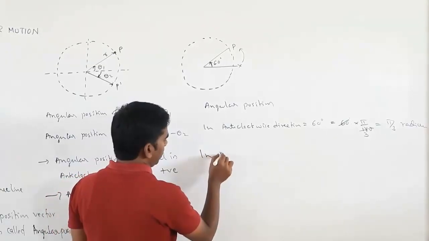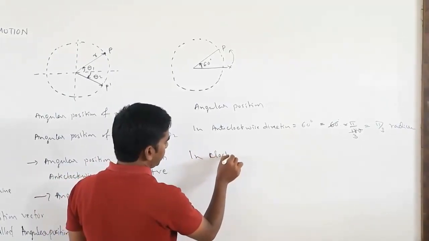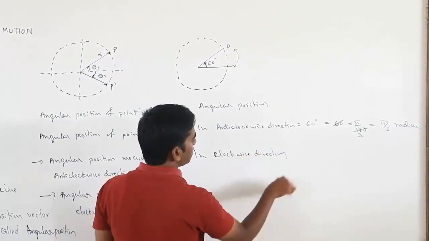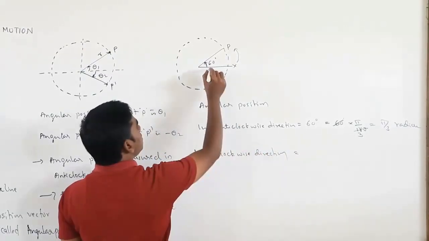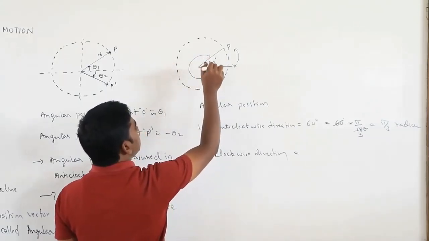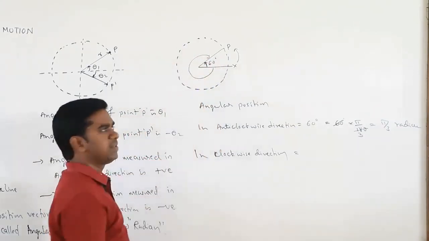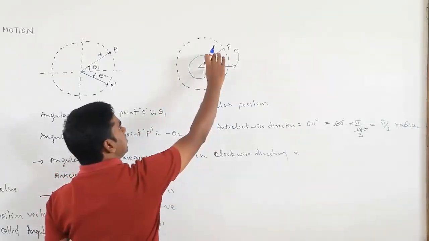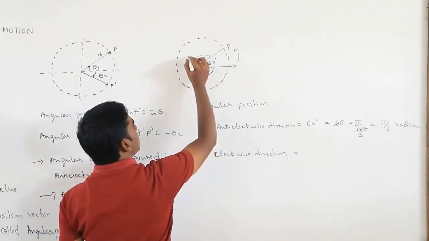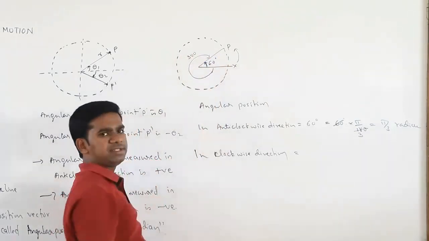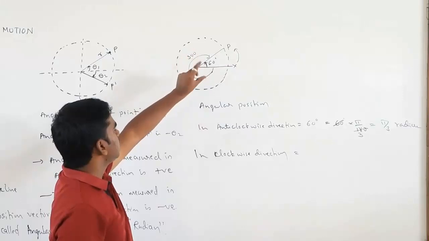Now if you want it in clockwise direction, so what will happen? This is in clockwise direction. How much angle is it? The total is 360, so this is minus 60. You remove that one, and except this one the total is 300. 300 plus 60 will become 360, so the total angle in a circle is 360.